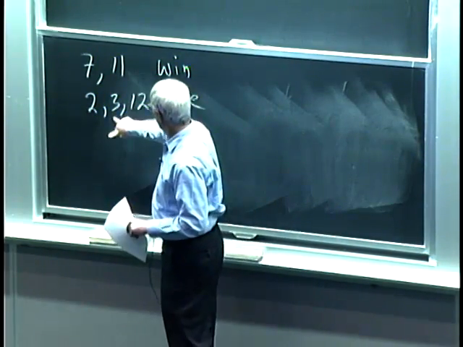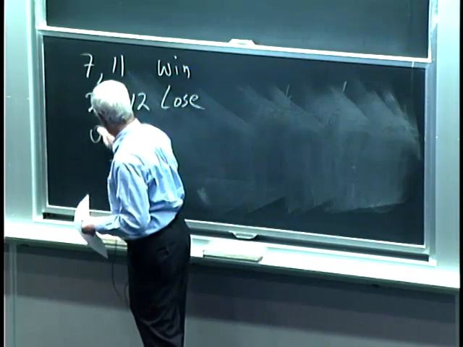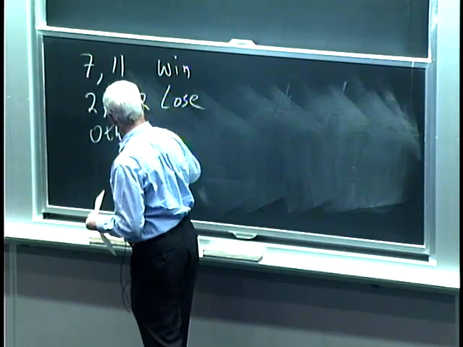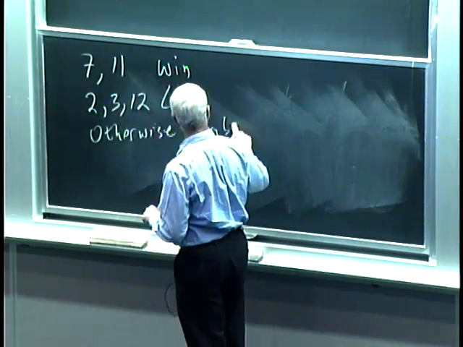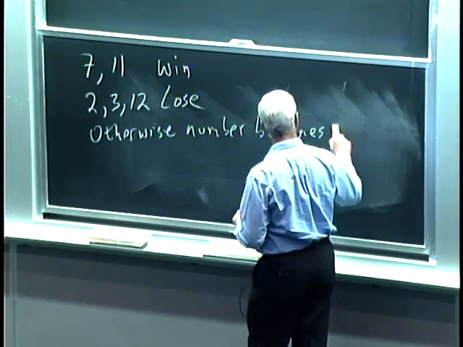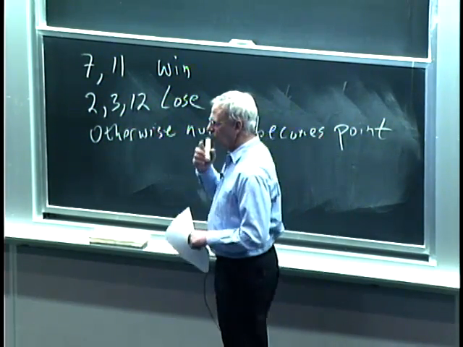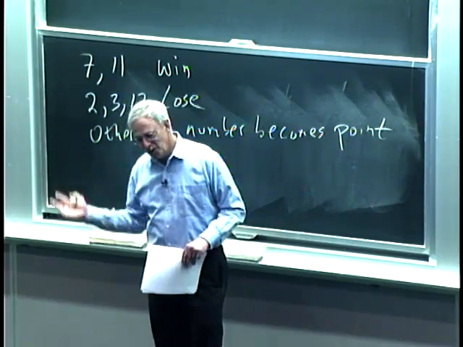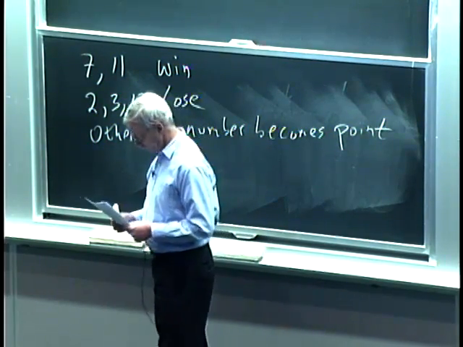If it's not any of these, otherwise, the number you get becomes what's called the point. Once you've got the point, you keep rolling the dice until one of 2 things happens.